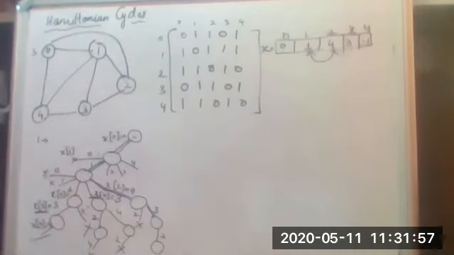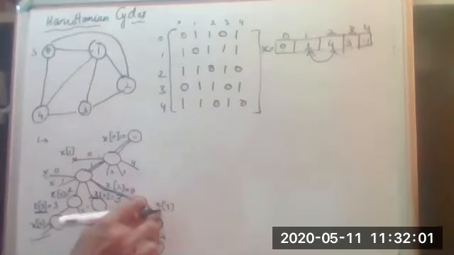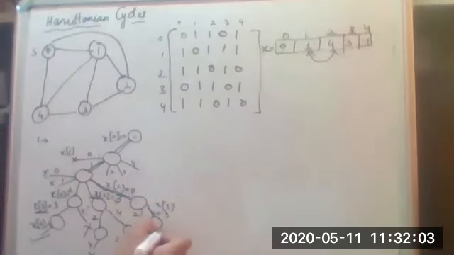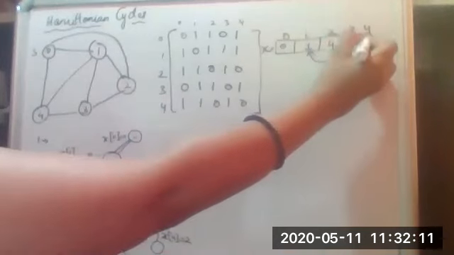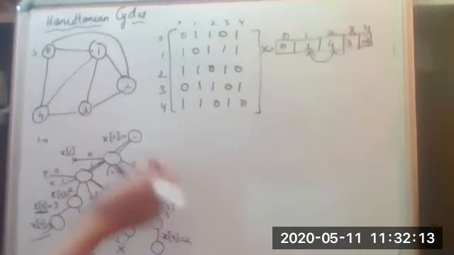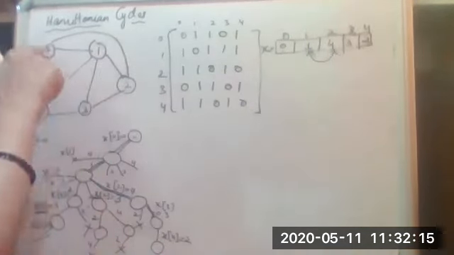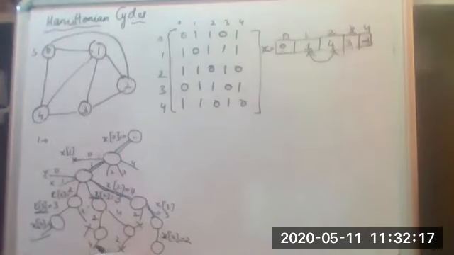Fine. So at x3, the value you have taken is 3, and at x4 you have taken 2, because 3 to 2 there is a path. Then 2 to 0, is there a path? Yes. So that means this is a solution.